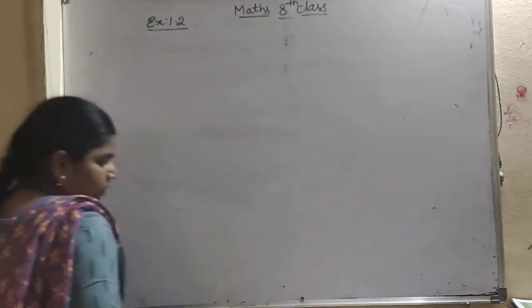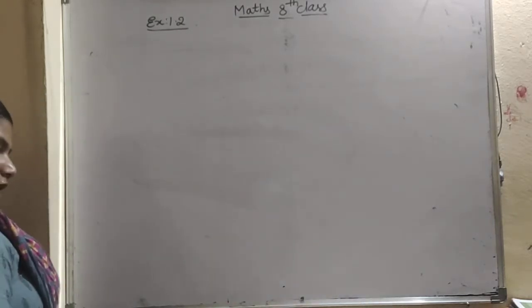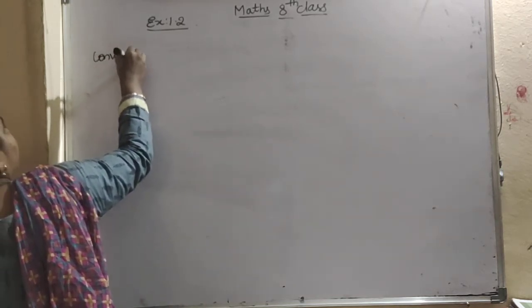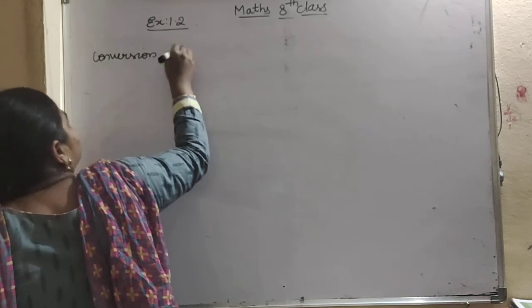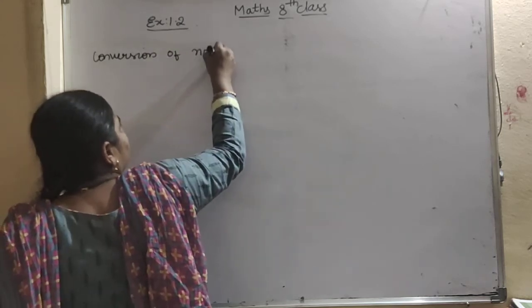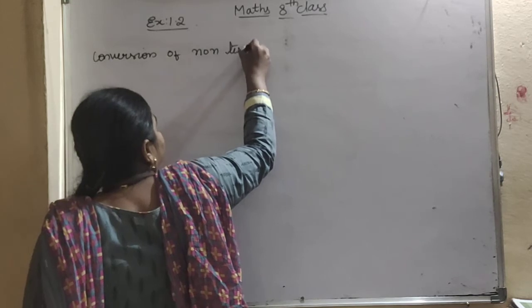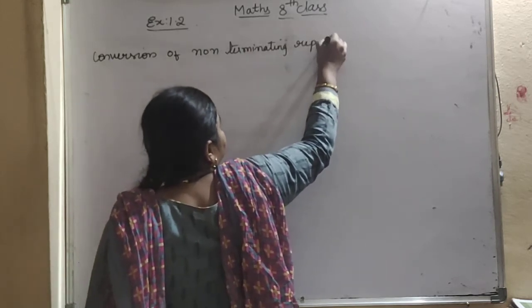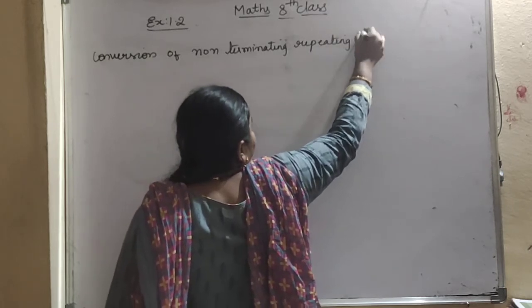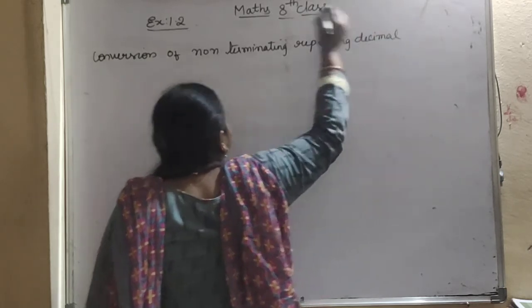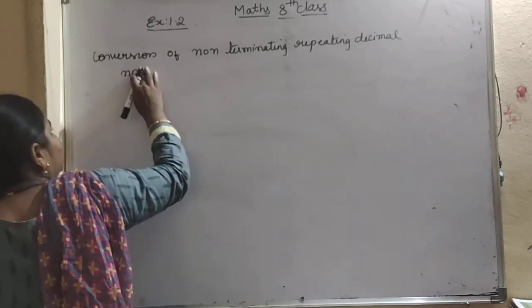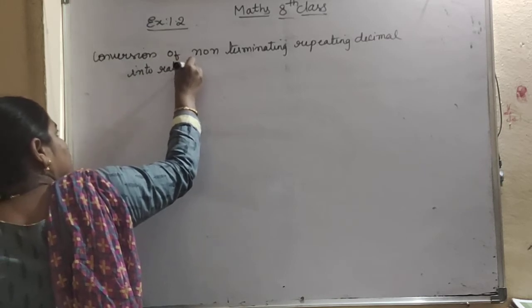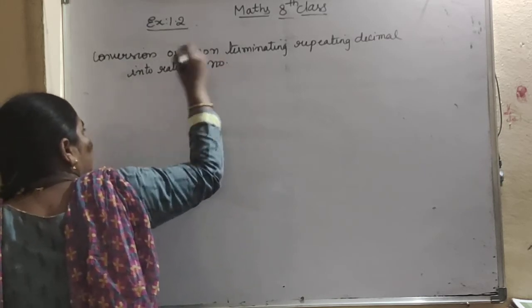So how to convert a non-terminating recurring decimal? Recurring is nothing but a repeating decimal. Conversion of a non-terminating repeating decimal into a rational number.